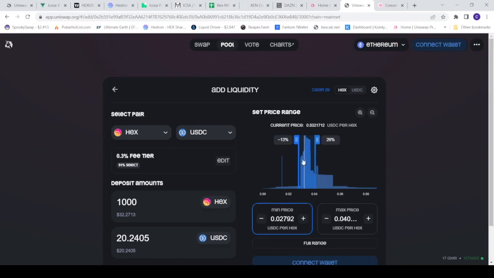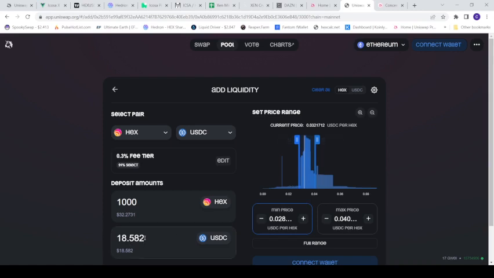Okay, close enough. So now if you make this liquidity position, you're gonna have $32 in Hex and 18.58 in USDC. So now when price starts trading down, once it gets outside of your 2.8 cent range, that means you're all out of USDC and you're all into Hex.